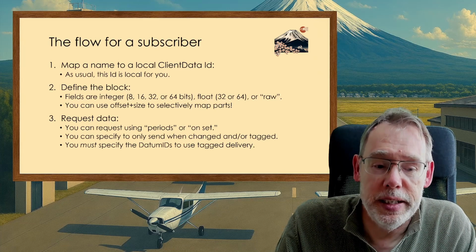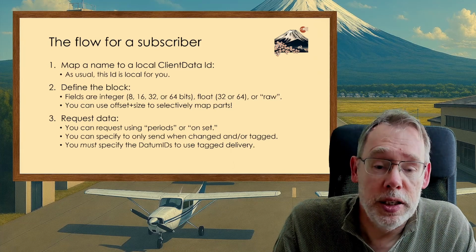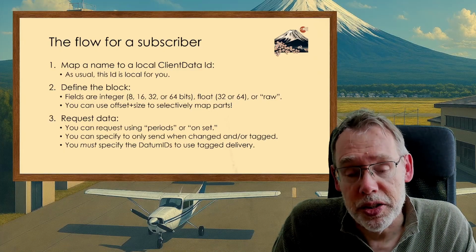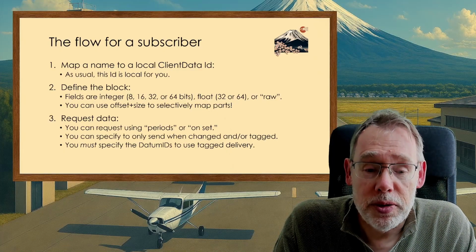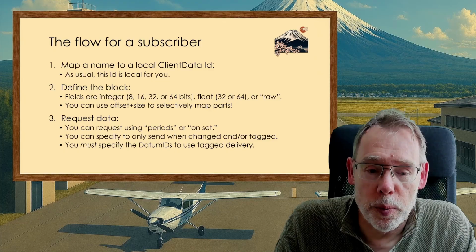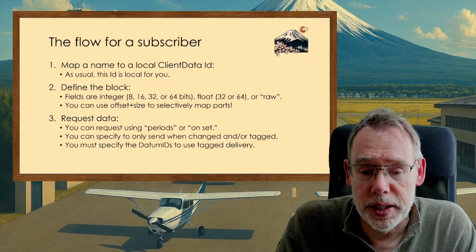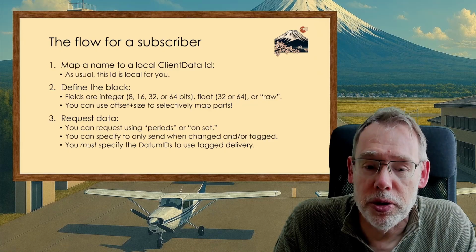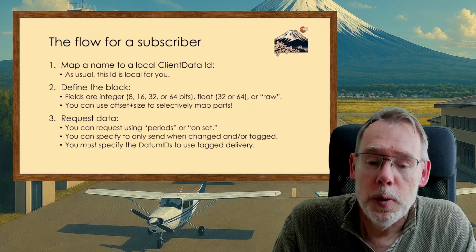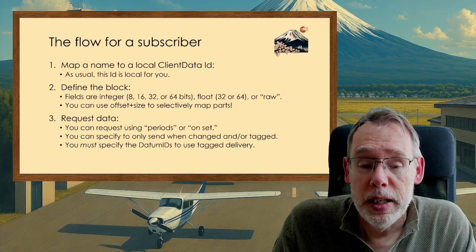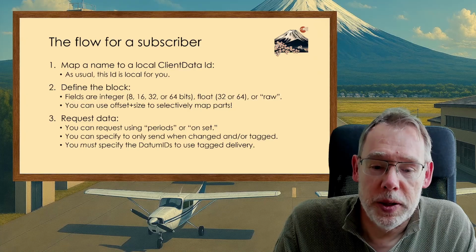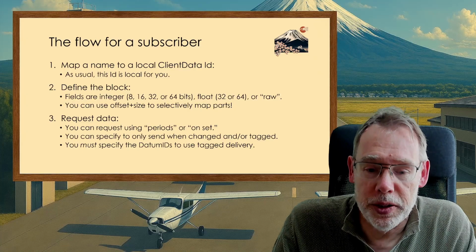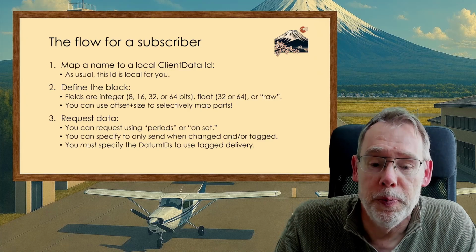Then additionally, you can use the flag for only sent when changed. And this makes Flight Simulator actually compare what you've specified in fields, so which parts of the block you're interested in, with the last one, and use that to decide whether or not something changed and whether or not it will send it to you.